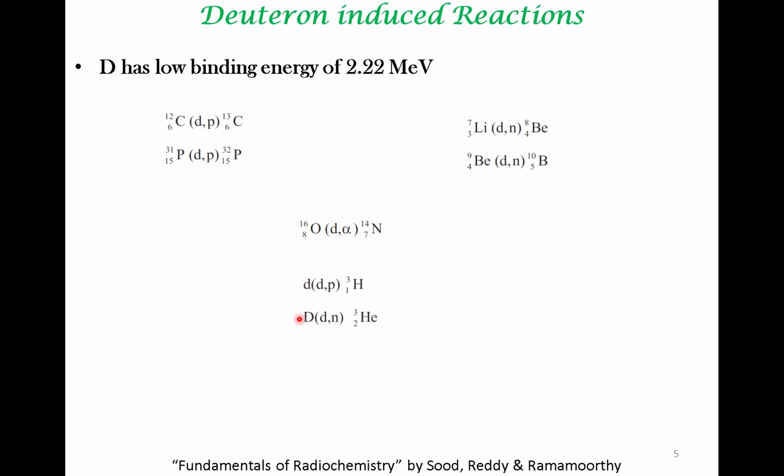This is a particularly interesting reaction where deuterium reacts with deuterium to form tritium. All these things are very important from an energy perspective. This can be occurring in the sun and so on. So these are very well studied reactions. Here, deuterium gives rise to an isotope of helium.